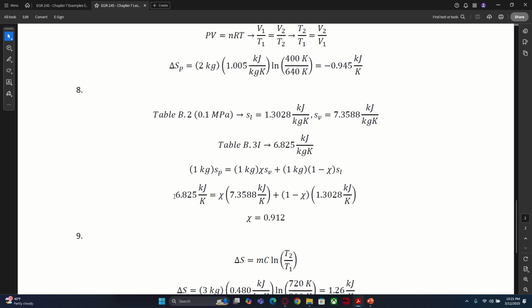So what we're at now is 6.825 kilojoules per Kelvin equals chi times 7.3588 kilojoules per Kelvin plus 1 minus chi times 1.3028 kilojoules per Kelvin. And if you just plug this entire equation into Wolfram Alpha and replace chi with x and ask it to solve for x, it will tell you that x equals 0.912. So chi equals 0.91, and that would be our quality.